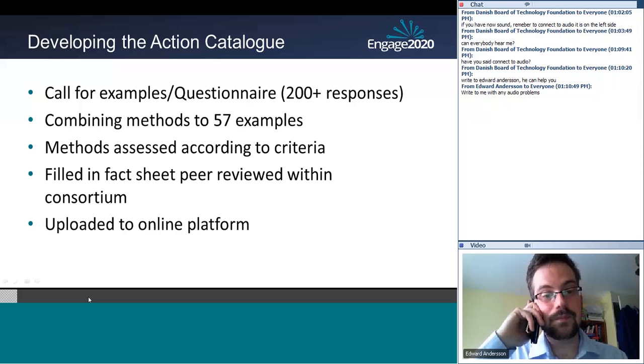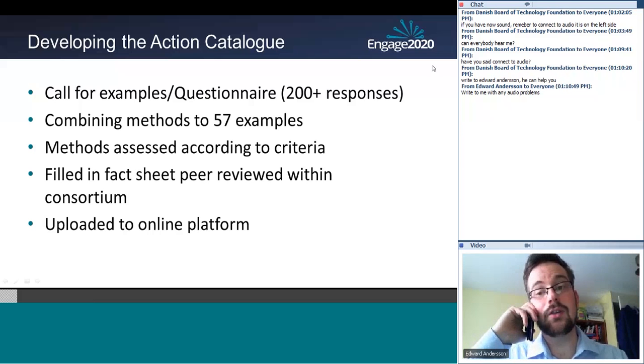Then we developed a series of criteria which correspond to questions that beginners often have. What does the method do? How many people does it engage? Does it require me to know a lot about facilitation or have a lot of experience and knowledge around IT? Each method was then assessed according to the criteria by our consortium members, who are very knowledgeable in public participation. These filled-in fact sheets were then peer-reviewed within the consortium.